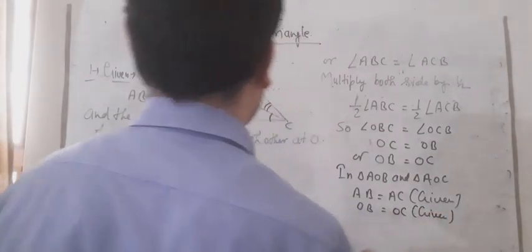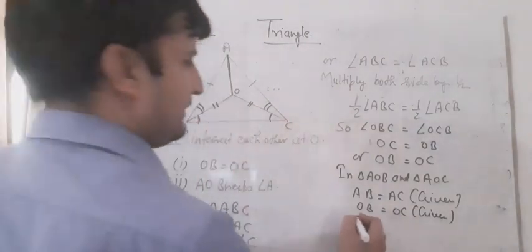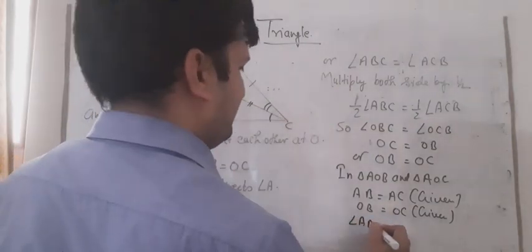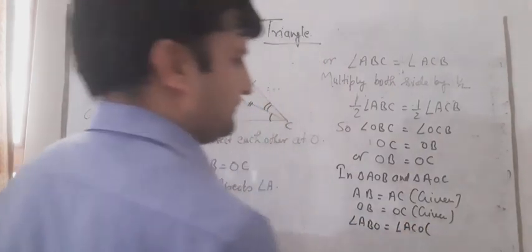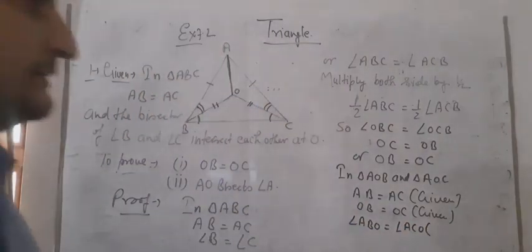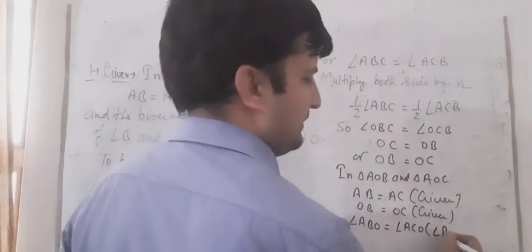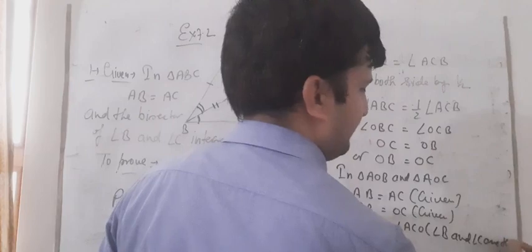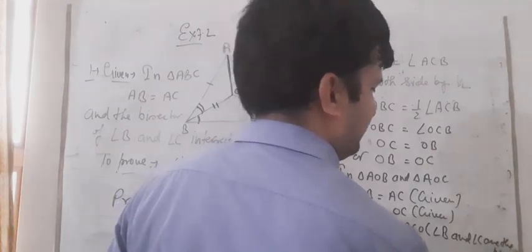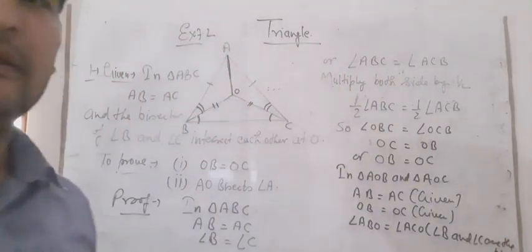It is also given, and then we can say that angle ABO is equal to angle ACO, because angle B and angle C are the bisector. These two angles are the bisector.